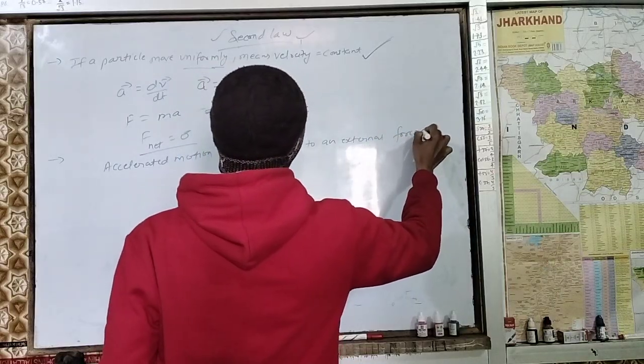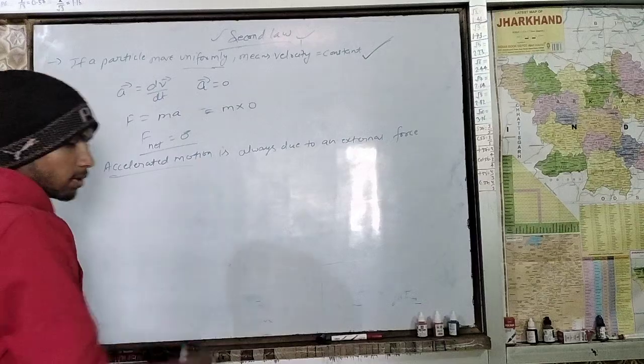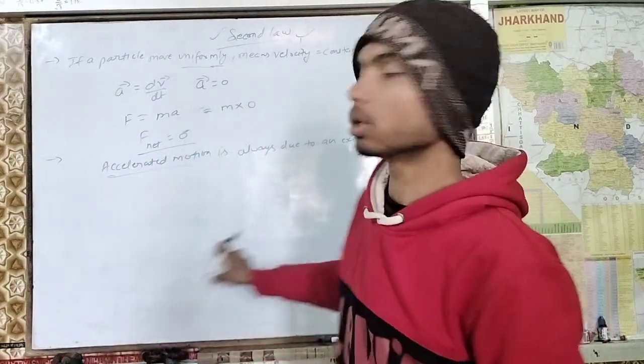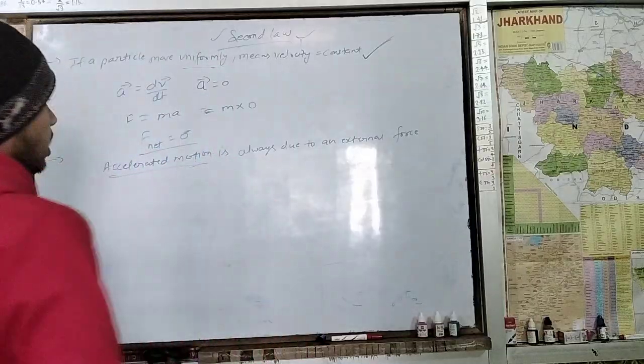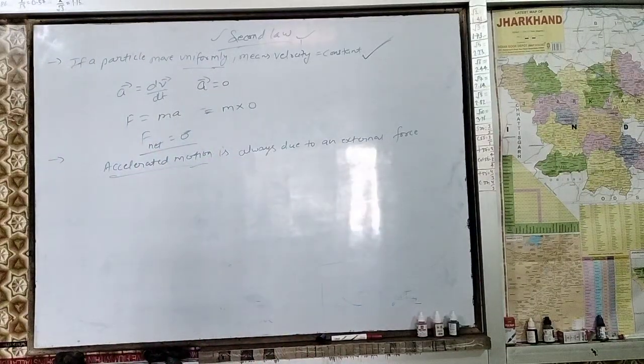We can get an object which is oscillating due to an external force. Whenever you observe that an object is accelerating, then external forces are not equal to zero. The reason is the object is accelerating. The law of conservation of linear momentum is applicable in the direction in which the external force is zero.